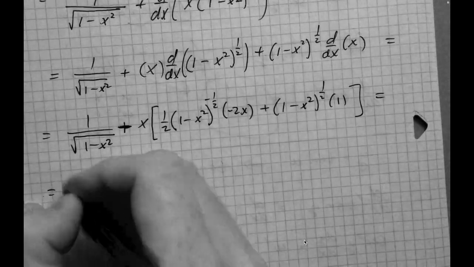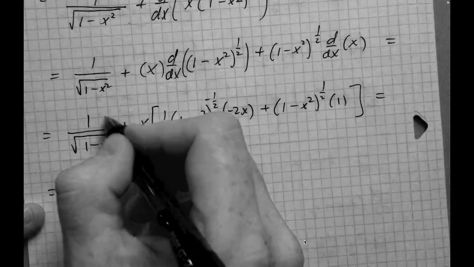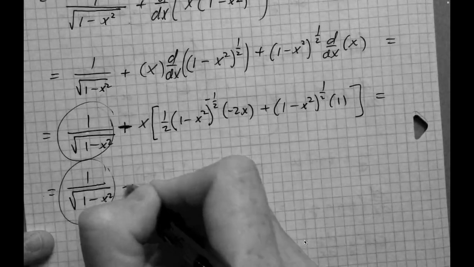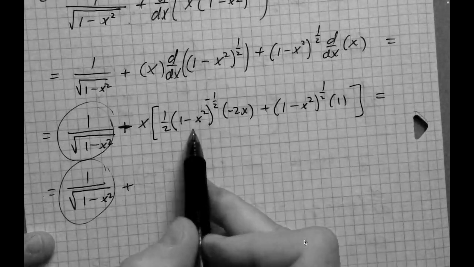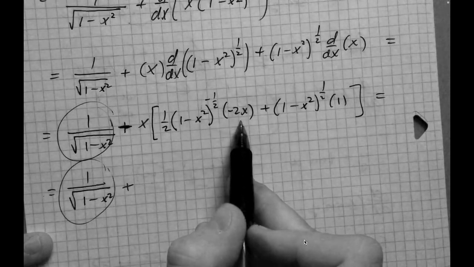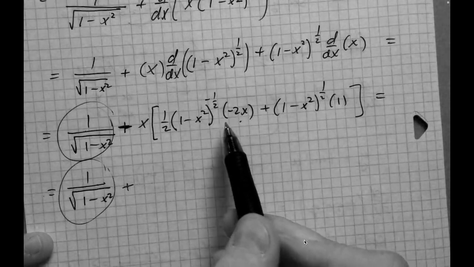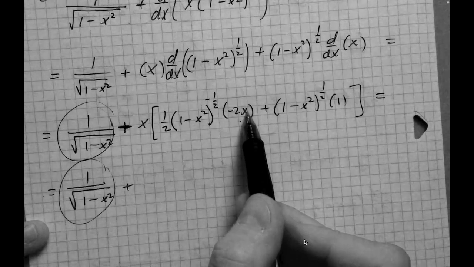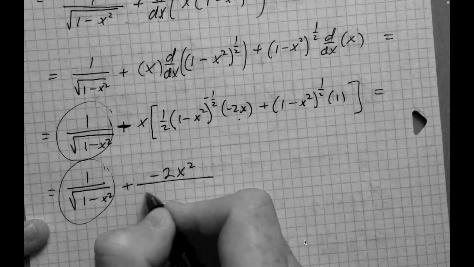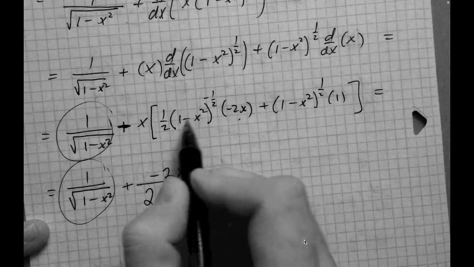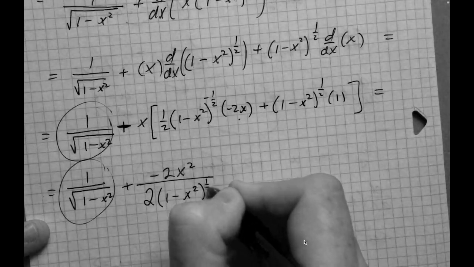It's just a matter of cleaning up. So let's see, 1 over the square root of 1 minus x squared. That's the new piece there, the smallest part of this entire problem. Ultimately, this term would give you a negative 2x squared, and that's all over 2 times (1 minus x squared) to the 1/2 power.